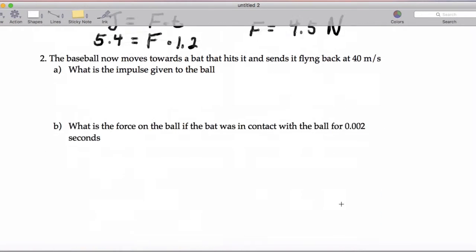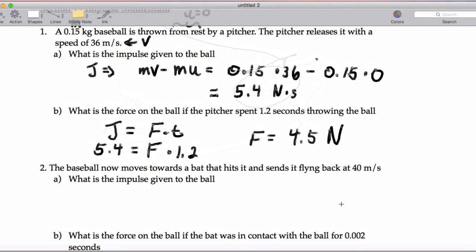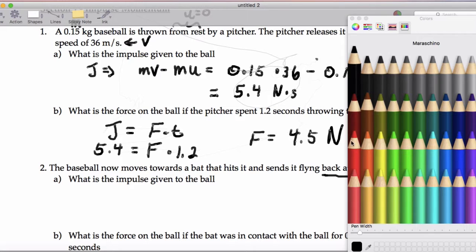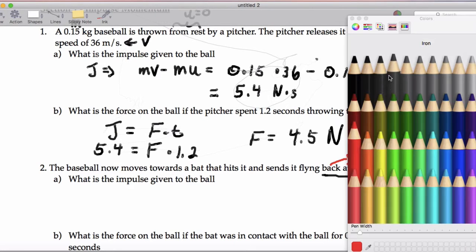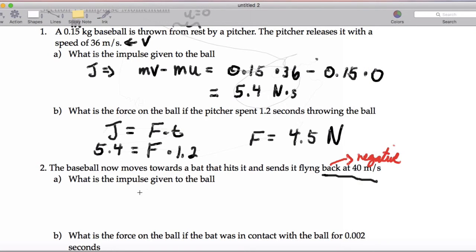Next, the baseball moves towards a bat that hits it and sends it flying back at 40 meters per second. So the point I want to make here is back means negative. And so let's calculate the impulse, but very carefully.